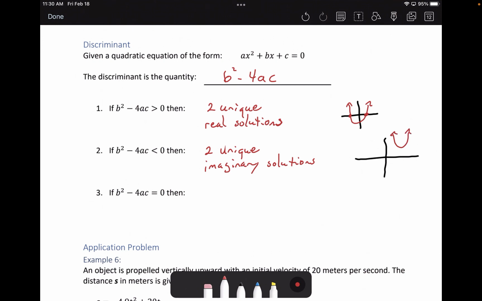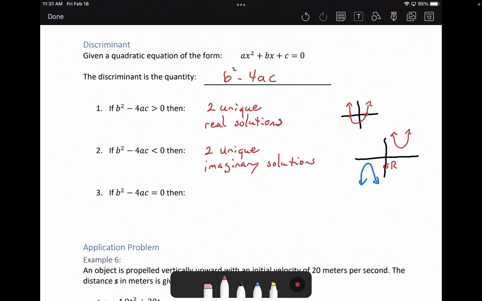Either the graph is completely above the x-axis, or you could have one that is completely below the x-axis. Essentially, it never crosses the x-axis, therefore it doesn't have x-intercepts. The solutions are imaginary.